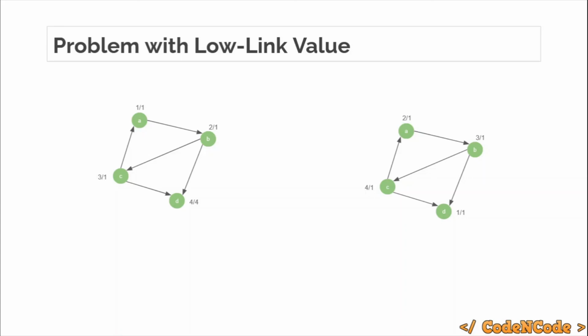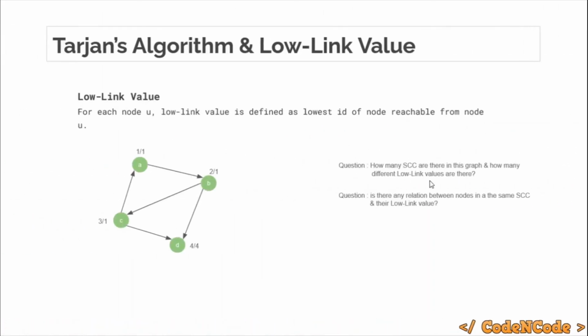So this was all for this lecture. I hope you have understood the concept of low link value and how it can be helpful as well as messy at the same time, and how in the next lecture we'll see how Tarjan's algorithm helps us define a criteria based on which all the nodes which belong to the same SCC will have the same low link value after we apply the restriction suggested by Tarjan.